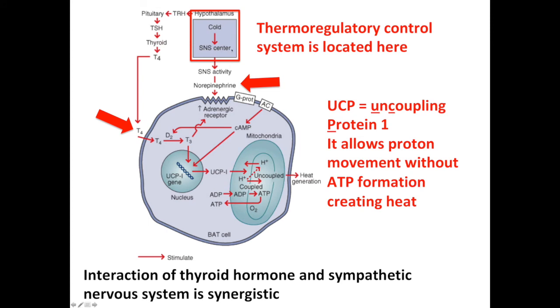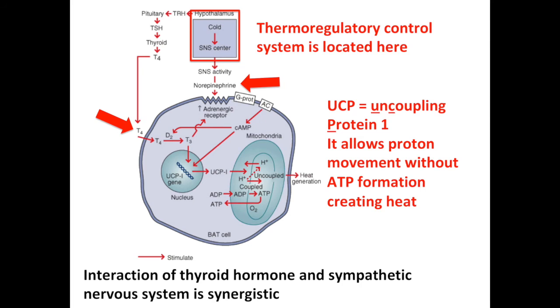So you get cold, and then the hypothalamus will release TRH and TSH, and you get thyroid hormone released that will then go into the brown fat cells, and then you get sympathetic stimulation through norepinephrine, and that will then activate adenyl cyclase, and these two things then go into the nucleus and activate the transcription of uncoupling protein 1.